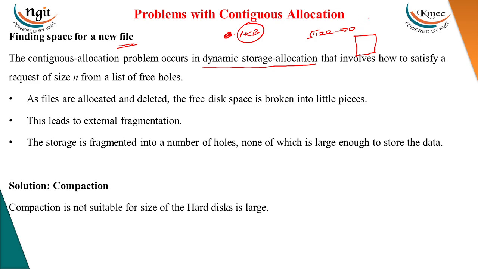When a file is used by a process, if any data is stored onto the file, the size of the file will increase. The contiguous allocation problem occurs in dynamic storage allocation, which involves how to satisfy a request of size n from the list of free holes.